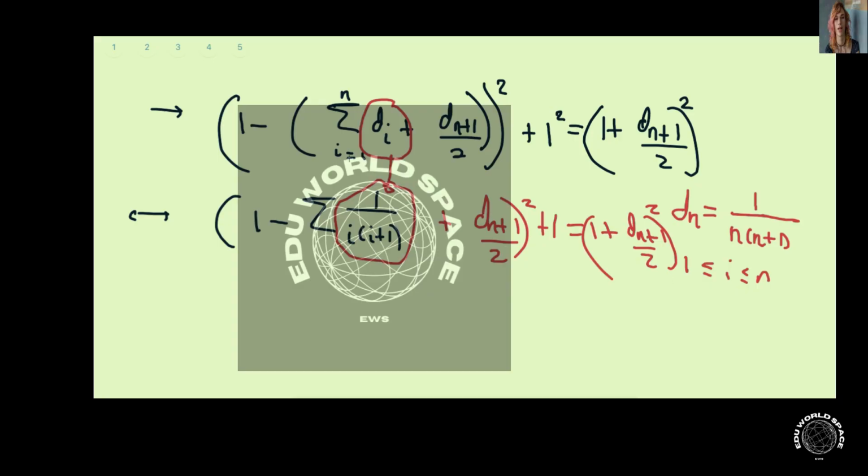Now our next step would be to go ahead and compute this, but this is a telescoping sum. So if you go ahead and evaluate that sigma, and again I should have parentheses around that, you'll just get 1 minus 1 over n plus 1.